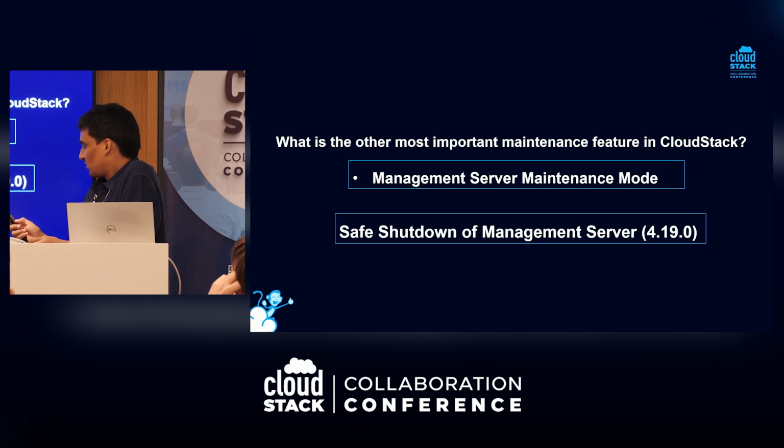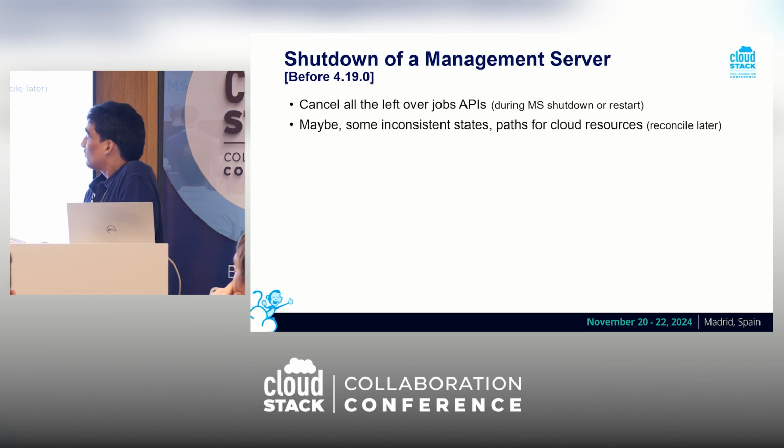Before going to what safe shutdown of management server does, before 4.19, this is how shutdown of management server used to be. When we do a management service shutdown, it cancels all the leftover jobs.